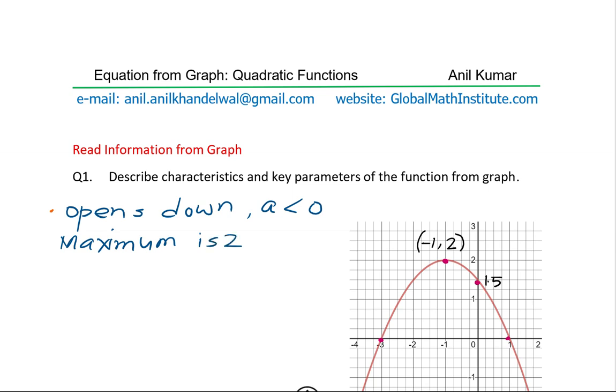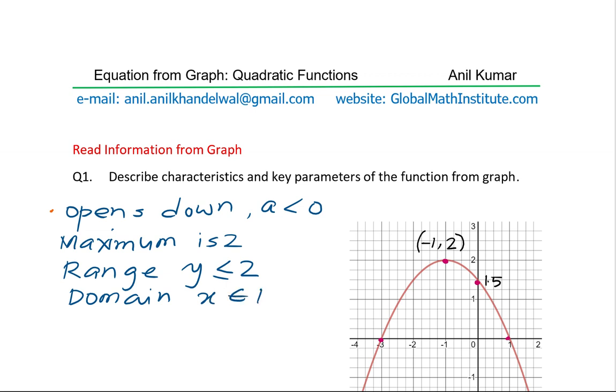So that actually gives you the range of the function. The range of the parabola is y less than or equal to 2. As far as the domain is concerned, there is no restriction, so the domain is x belongs to real numbers.